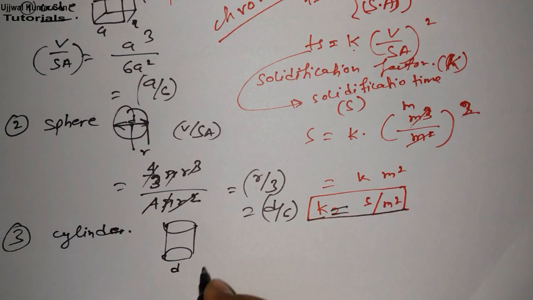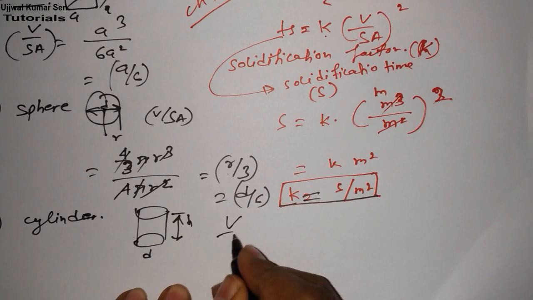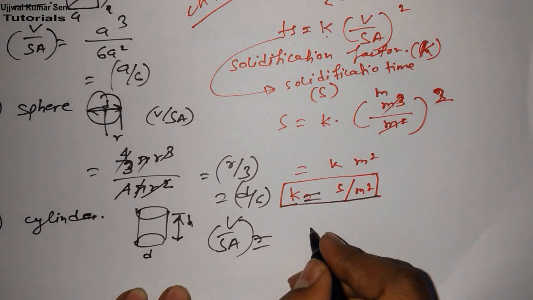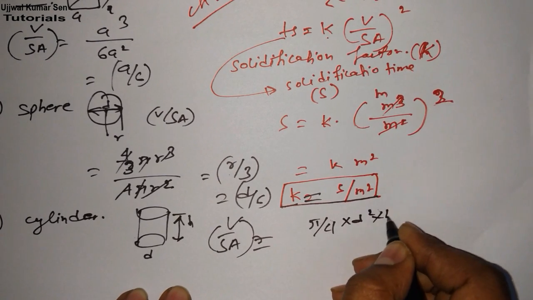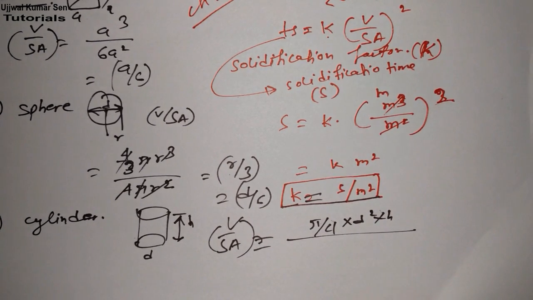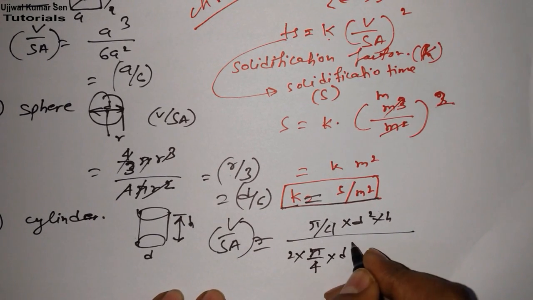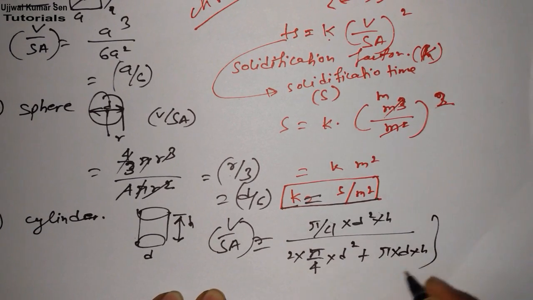Let's say its diameter is d and height of the cylinder is h. The volume of the cylinder is pi by 4 into d square into h. Surface area is 2 into pi by 4 into d square plus pi into d into h.